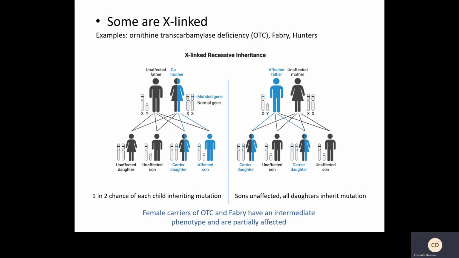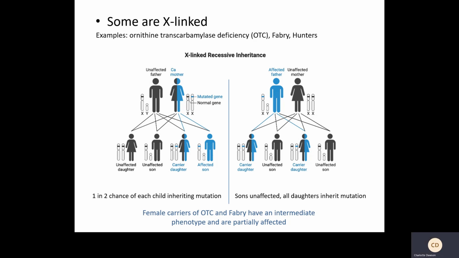And if it so happens that the affected X chromosome dominates, then females with the condition can be quite severely affected, but the reverse may also be true, and therefore if the unaffected X chromosome is primarily the one that's switched on, then they may be unaffected or only very mildly affected.